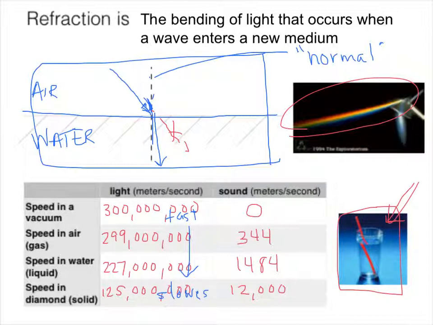And so here we see the opposite trend. Here we have fastest for the solid, slowest for the gas, and sound waves do not travel at all through the empty vacuum of space.